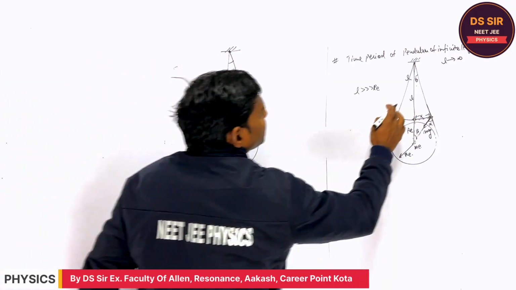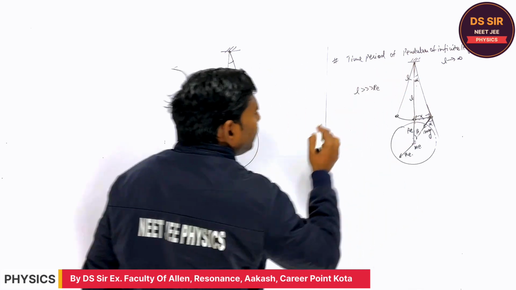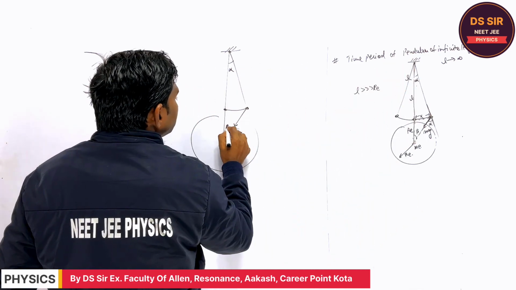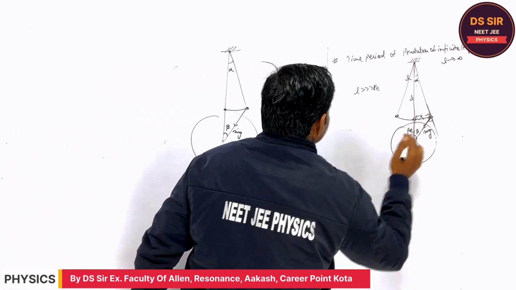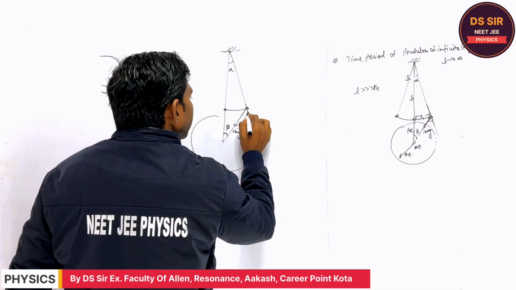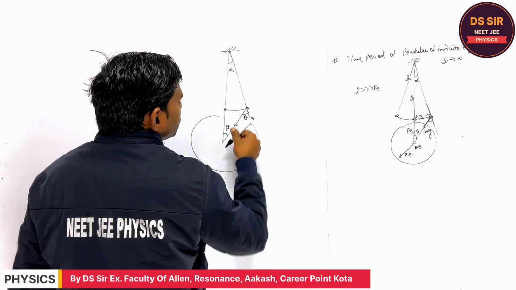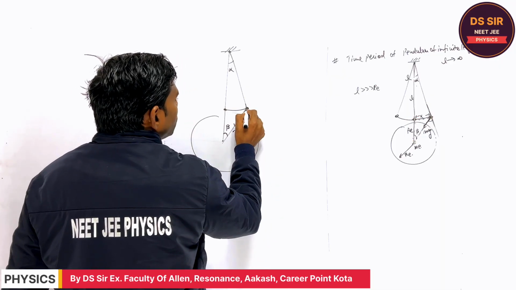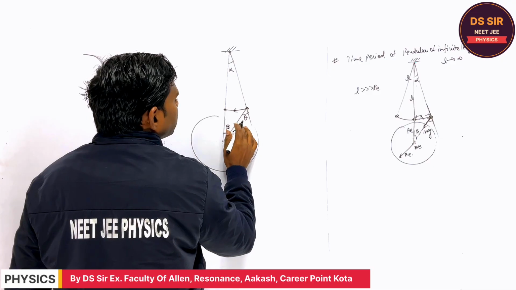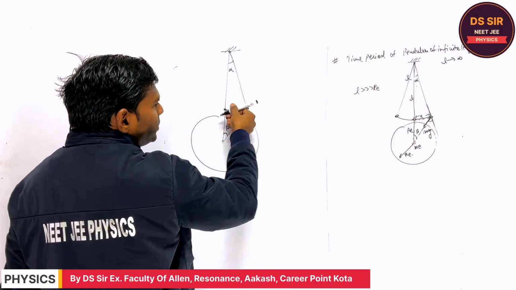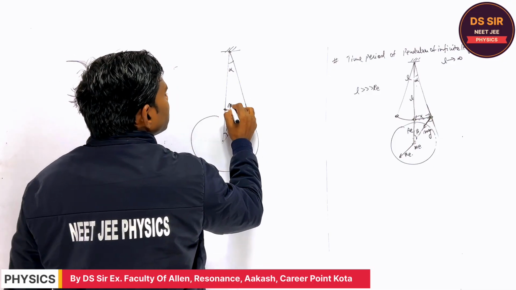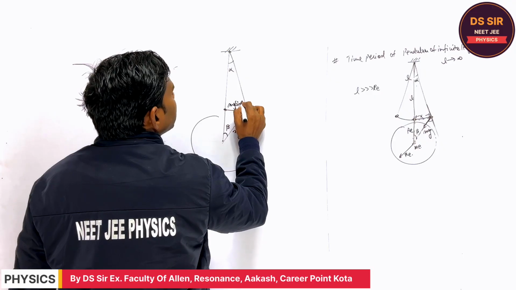Suppose this is alpha, you assume this is beta, so this angle is supposed to be theta. If this is mg, the restoring force will be equal to what? Tell me. This is the mean position, the restoring force is mg sin θ.